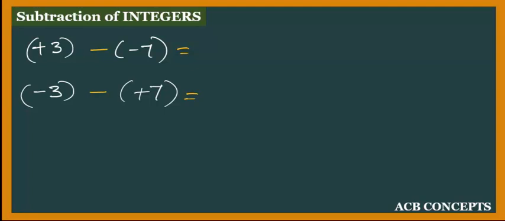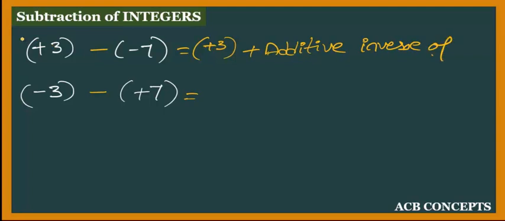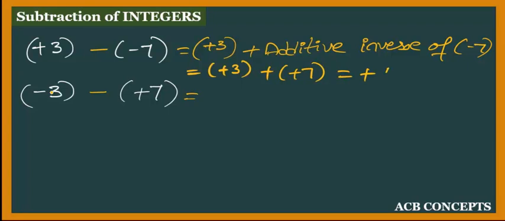Write plus 3 as it is, and instead of minus we write plus the additive inverse, the additive inverse of minus 7, which is plus 7. So that is plus 3 plus 7. Both have the same sign, so put that sign and add the two numbers. 7 plus 3 is equal to 10.